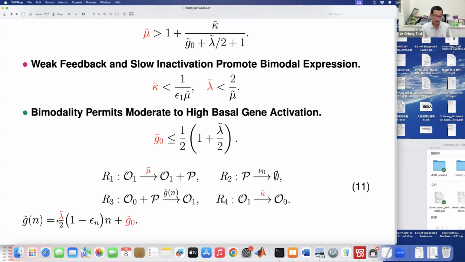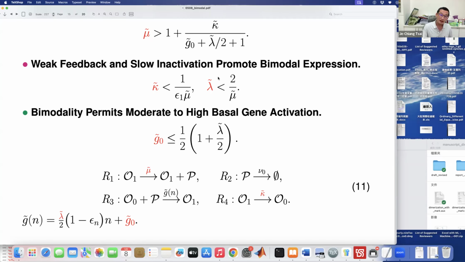So this lambda delta stands for the strength of the dimerization process. If this is large, it means the dimer will push the DNA or gene more to be in the on state. So you will open the promoter, and then more protein is produced.